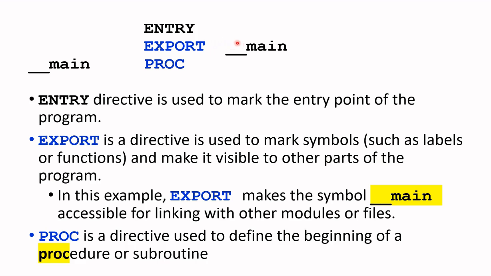So in this case, our label or symbol here is __main, which is this here. And in this example, EXPORT makes the symbol __main, take note, this is 2 underscores, accessible for linking with other modules or files.